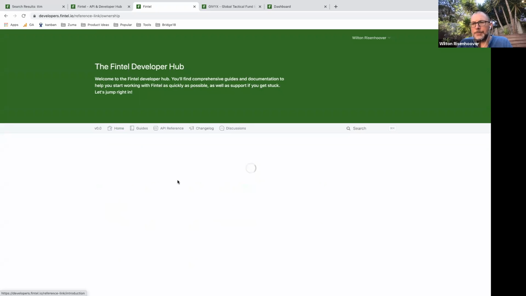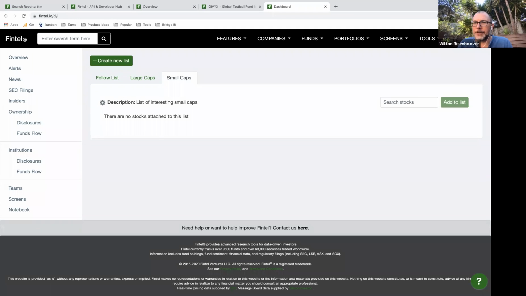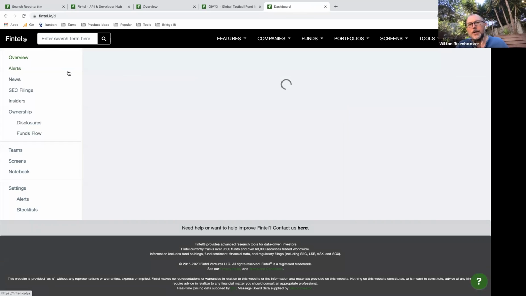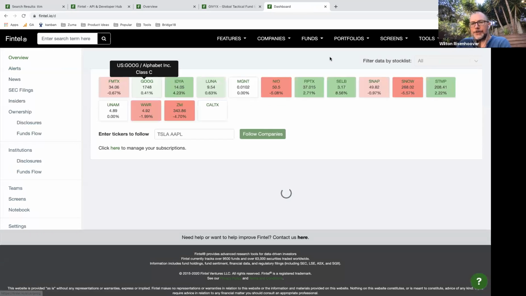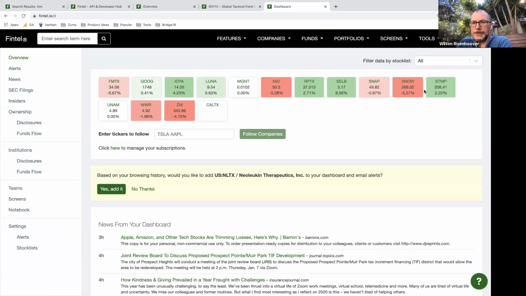If you want to use the API, you have to become a paid member of Fintel and then create a key. I can go over here to my account and click on API keys, and hopefully I have not just exposed my key to you guys. Okay, I have not. And so yes, you can get an API and access the data programmatically.